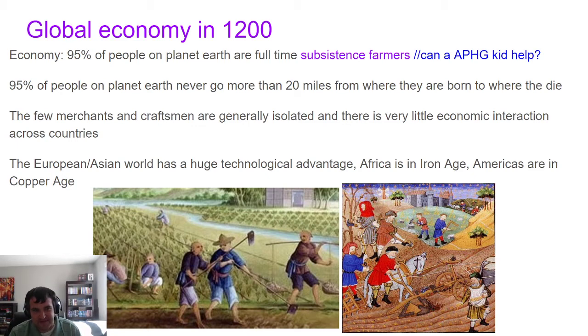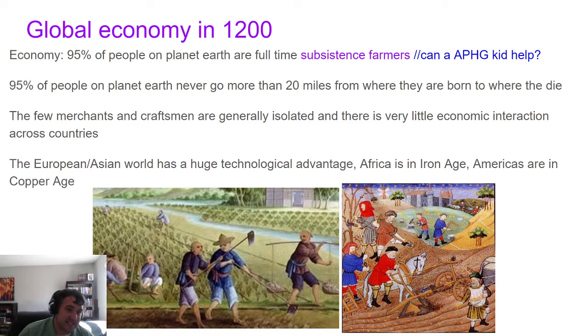And a subsistence farmer, an AP Human Geo kid would hopefully chime in because we really deep dived into this in that course, a subsistence farmer is somebody who grows food just for themselves and their family. Maybe they sell a little bit of it in the market, but for the most part, you're a farmer. And you're Old McDonald, okay? That's a subsistence farmer. It's somebody who's just growing food for themselves and their family.